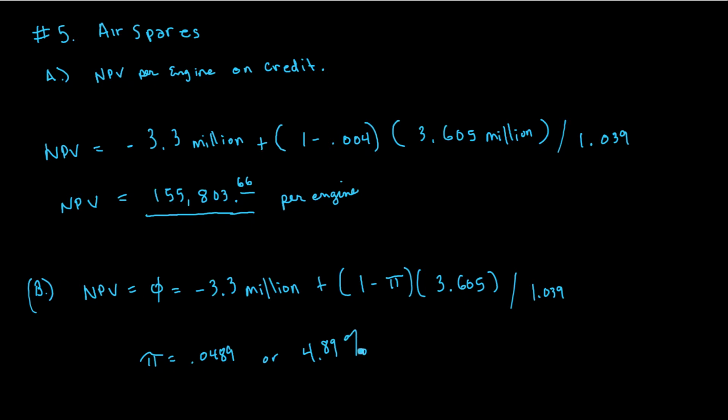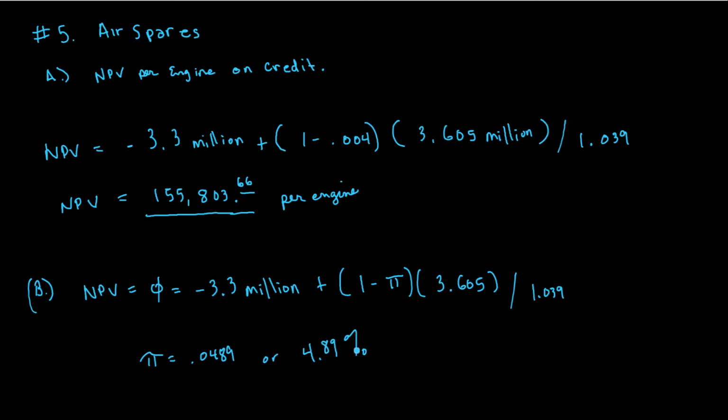Now we need to figure out C, right? C says, hey, if we make this first sale and we offer this customer credit, they're going to end up becoming a repeat customer, right? So when we have a repeat customer, we need to recognize that the cash inflow actually changes.